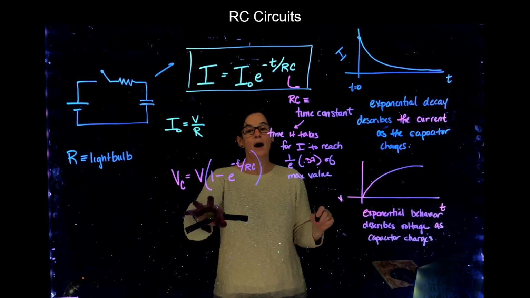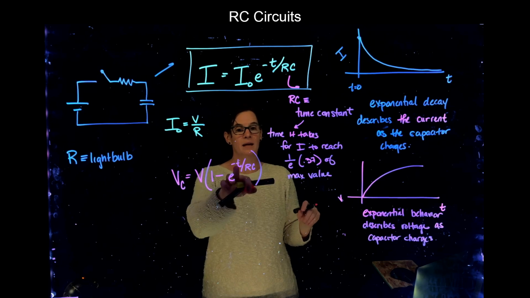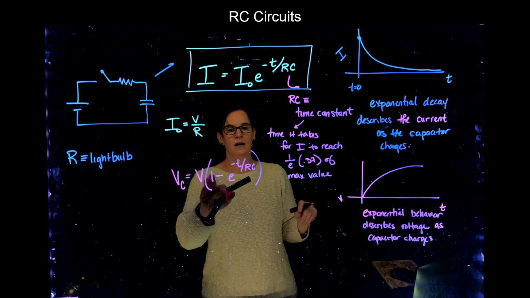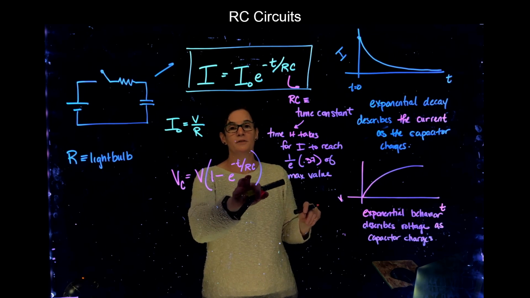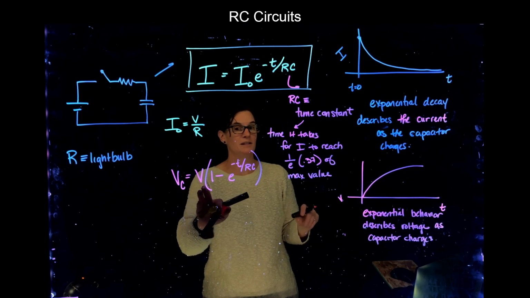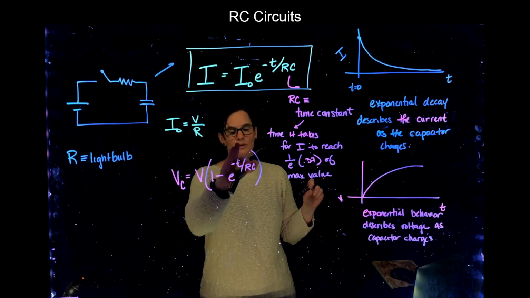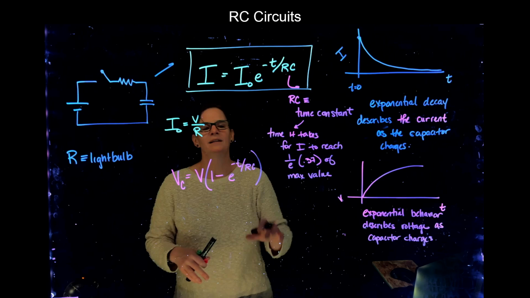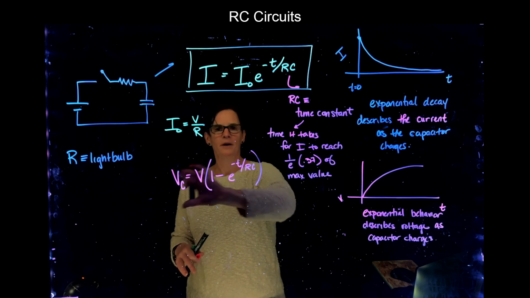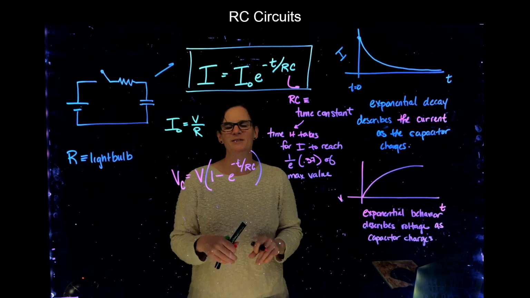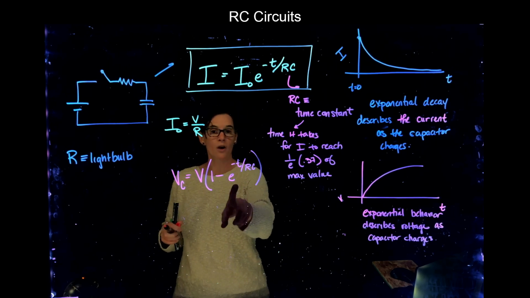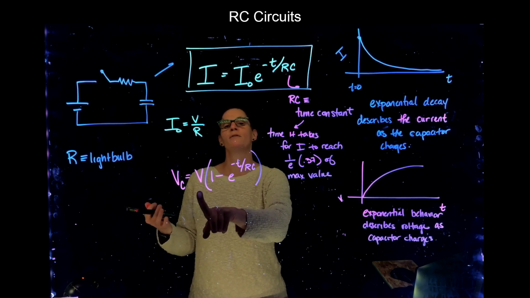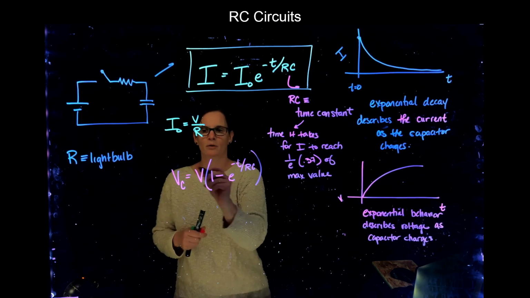So at time equals 0, the exponent goes to 0, e to the 0 is 1, so 1 minus 1 goes to 0, and we start off with the voltage across the capacitor being 0. As time goes on, we get a proportion, 1 minus, so a percentage of the voltage as the time grows.